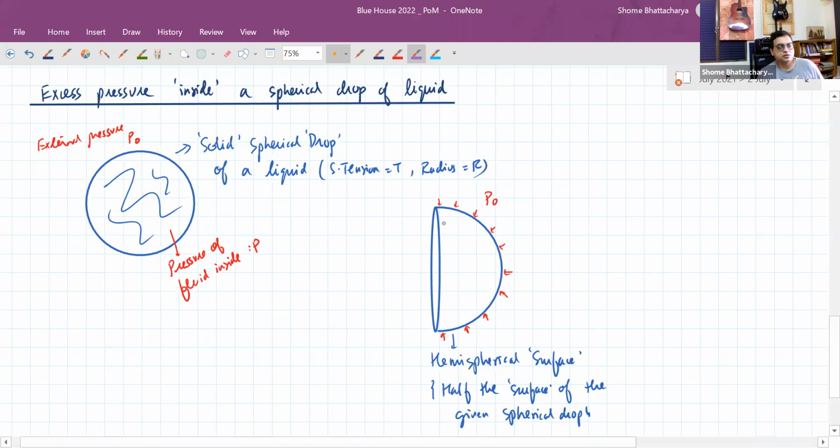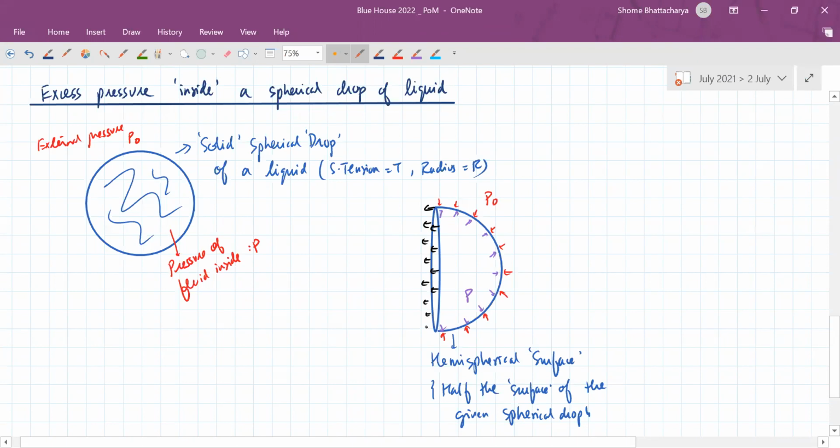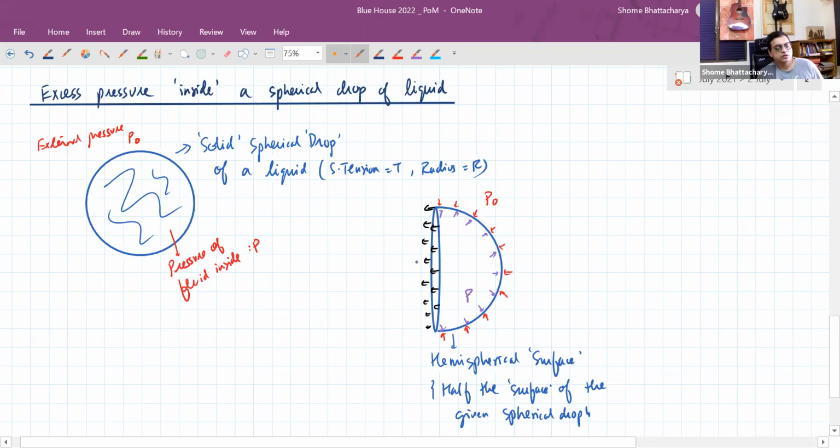It will experience force vectors like this because of the internal pressure. And it will experience force vectors like this because this circle is in contact with the rest half of the spherical surface. So this is the force due to surface tension.